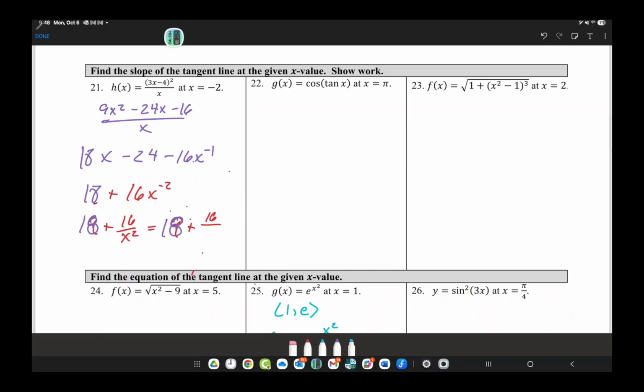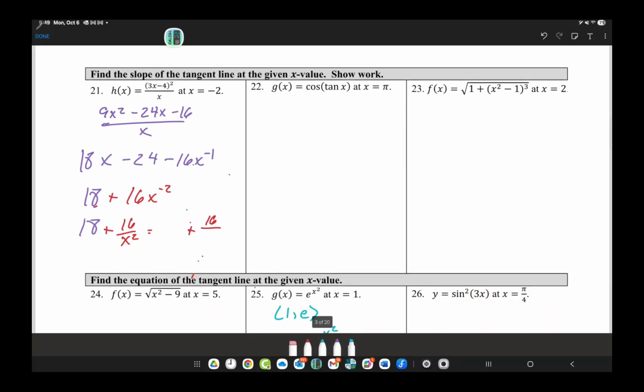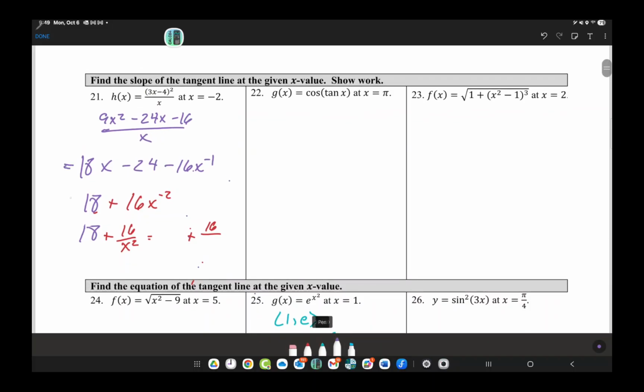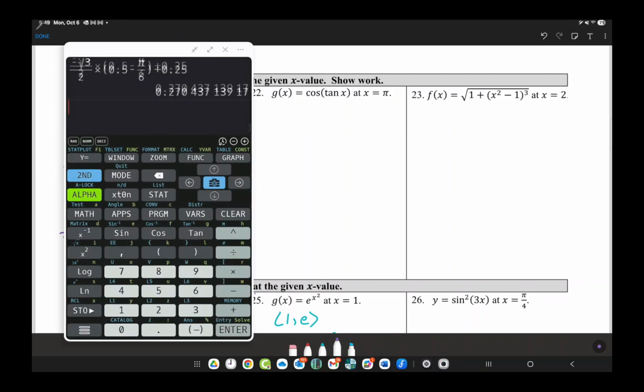I said, how does this equal 5? How does that equal 5? Let me do this real quick.